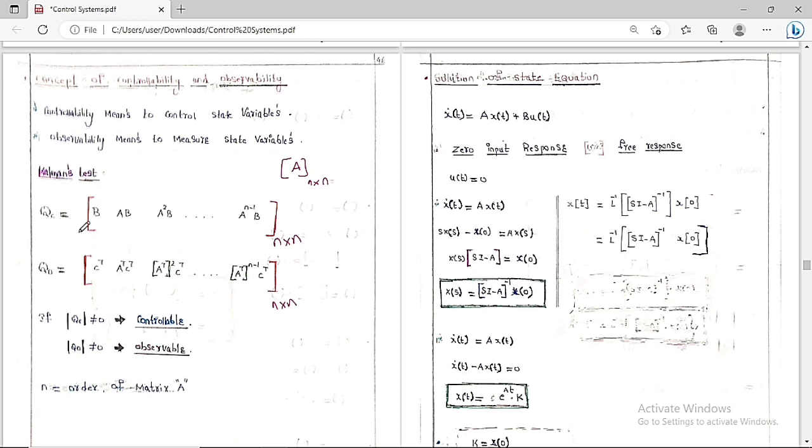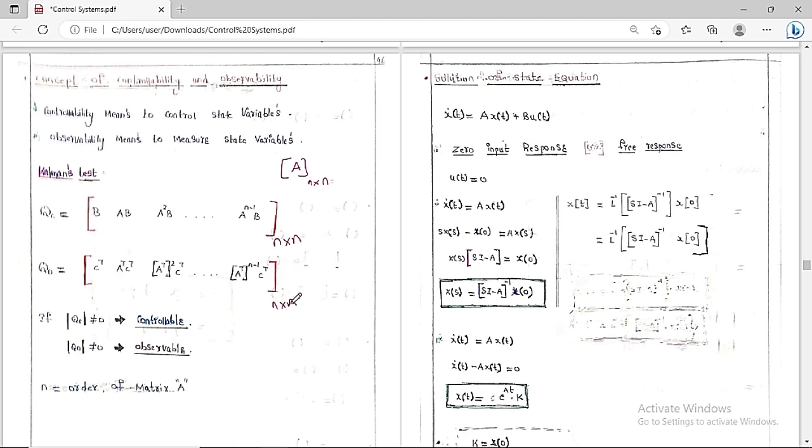So the controllability matrix is equal to [B, AB, A squared B, up to A to the power of n minus 1 into B], and the order of this matrix is n by n. And for the observability matrix, replace B by C transpose and A by A transpose. We get [C transpose, A transpose C transpose, (A transpose) squared C transpose, and so on up to (A transpose) to the power of n minus 1 into C transpose].